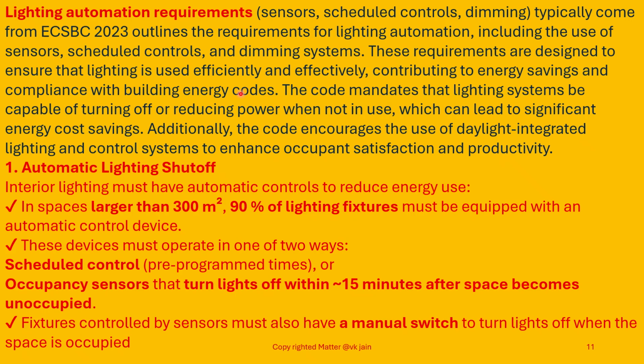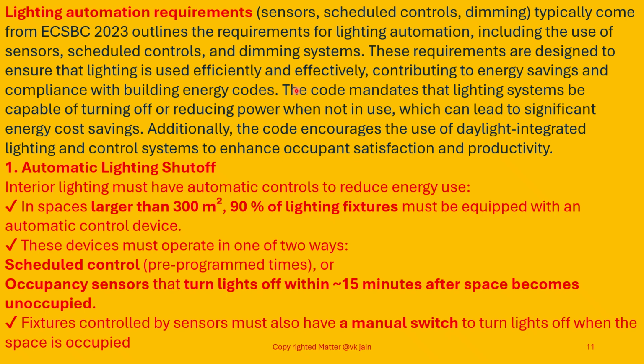Let me tell you that ECSBC 2024 is applicable in all those buildings which have a requirement of air conditioned area of 1000 square meter or lighting load of more than 100 kilowatt or 125 kVA.